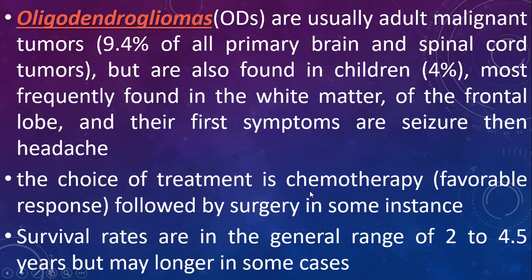The choice of treatment is chemotherapy, with favorable response, followed by surgery in some instances. Survival rates are in the general range of 2 to 4.5 years, but may be longer in some cases.